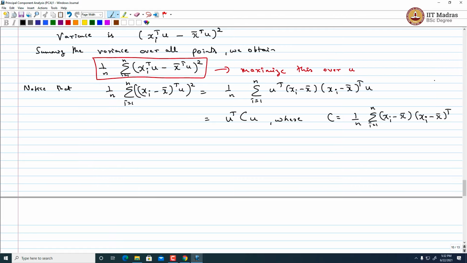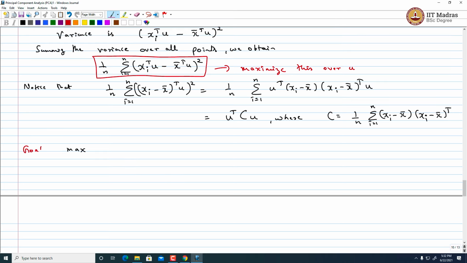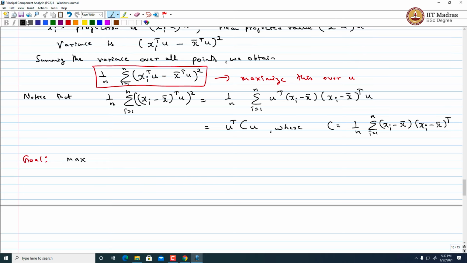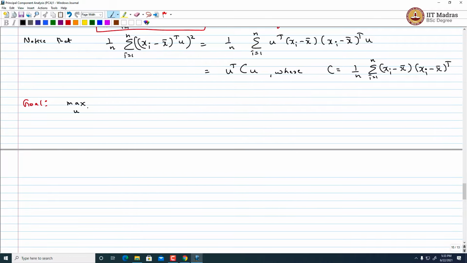Now what do you do with this? You are just trying to find the projection onto a one-dimensional space. So the goal is to maximize u transpose Cu such that u transpose u is 1.